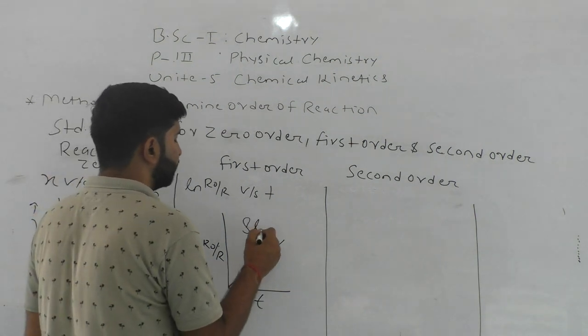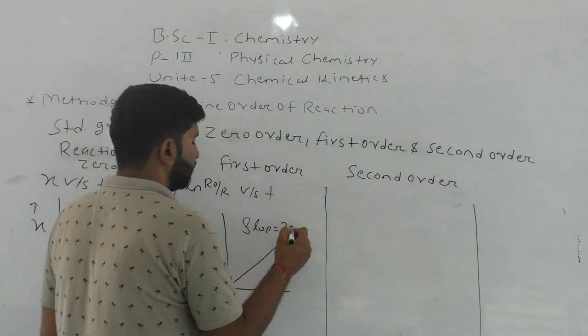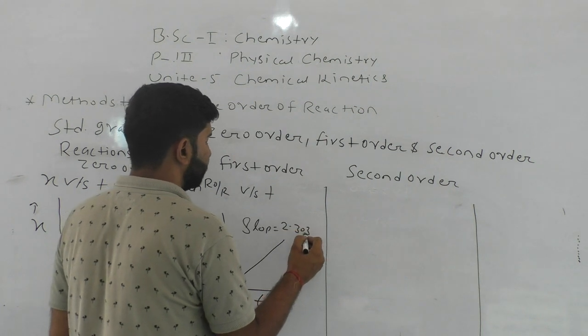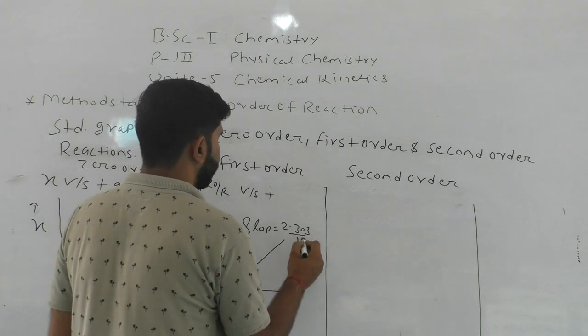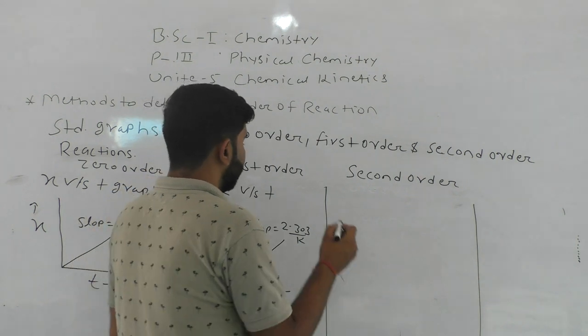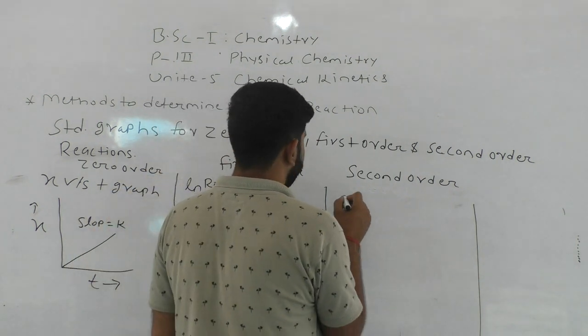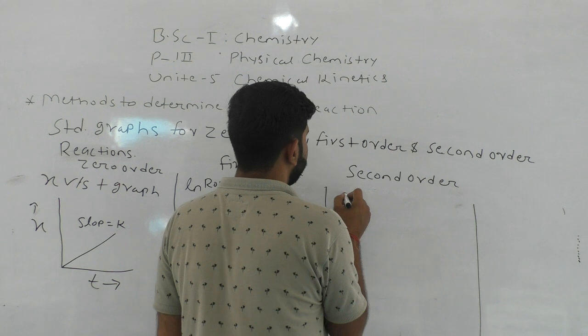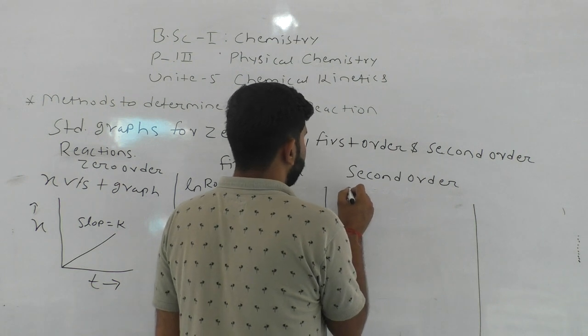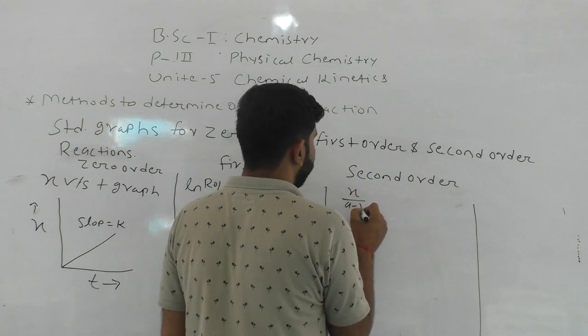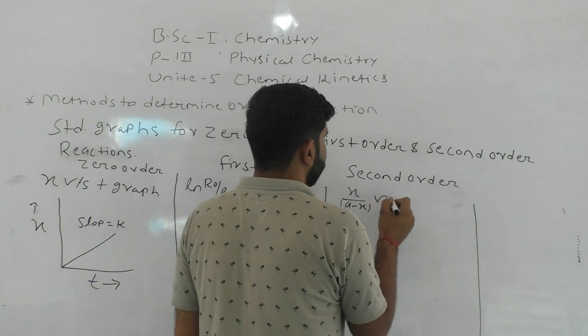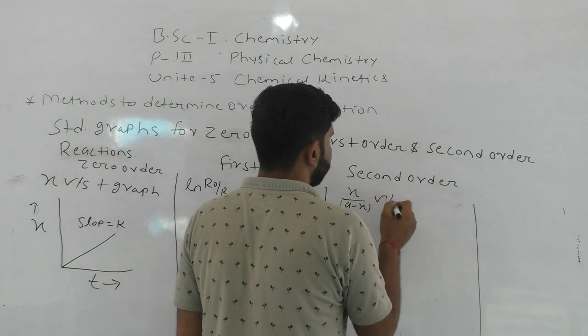This came out as a straight line with slope equal to k upon 2.303. In this, the standard graph is between x upon a minus x versus t.